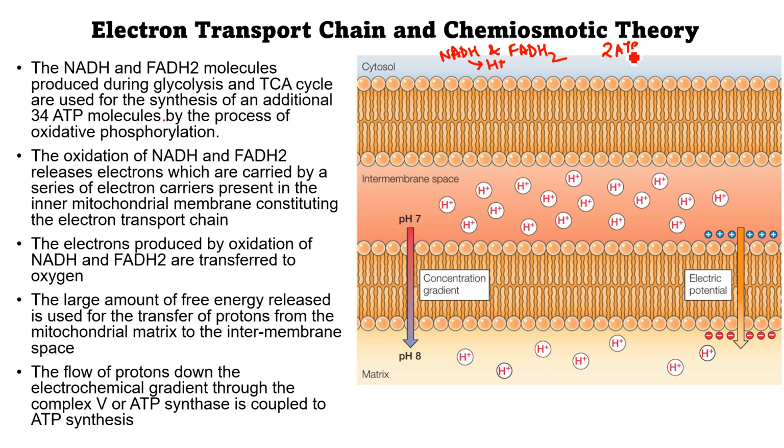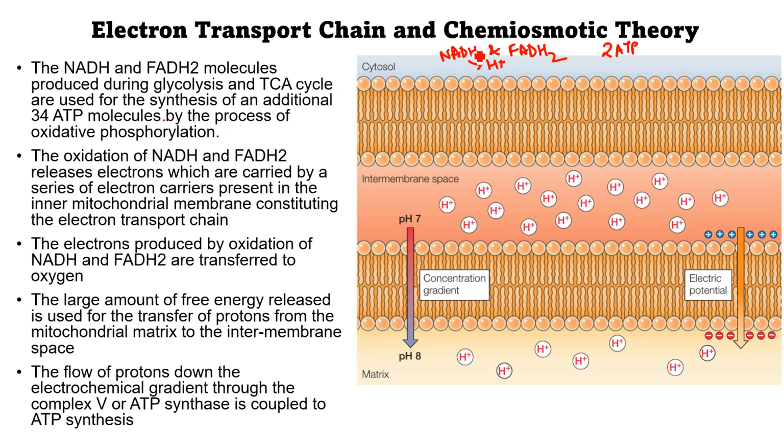When one substrate is converted into another, for example phosphoenol pyruvate is broken into pyruvate, you get one molecule of ATP. That is substrate level phosphorylation.